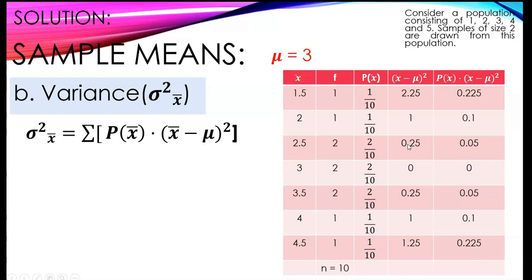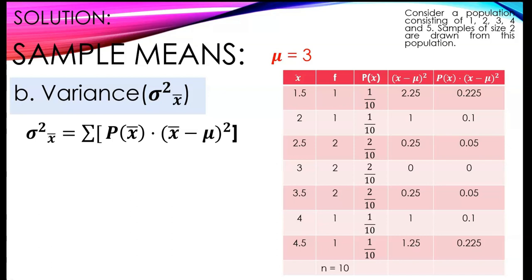Then 3 minus 3 is equal to 0. 0 squared is 0. 3.5 minus 3 is 0.5. Square it, that's 0.25. 4 minus 3 is equal to 1. And 1 squared, that is 1. 4.5 minus 3 is equal to 1.5. You square it, that's equal to 2.25.